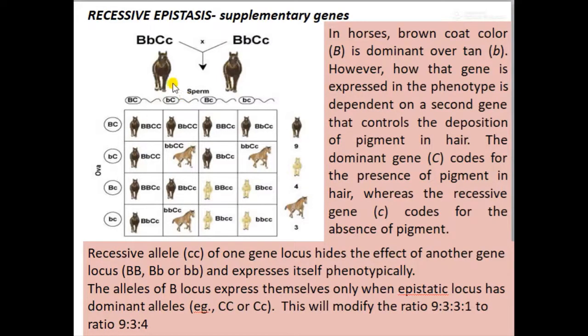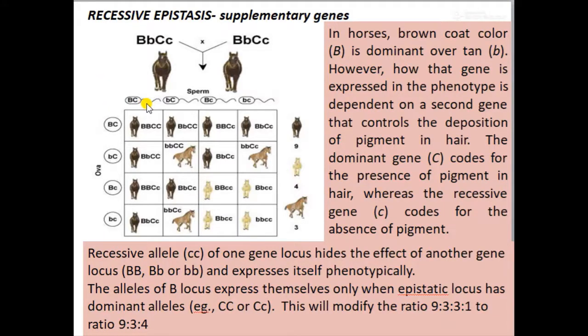So if you're breeding two horses of the F1 generation, one having BB and capital letter C and small letter c, bred with another hybrid of capital letter B, small letter b, and capital letter C and small letter c, you can see that different types of gametes will be formed.